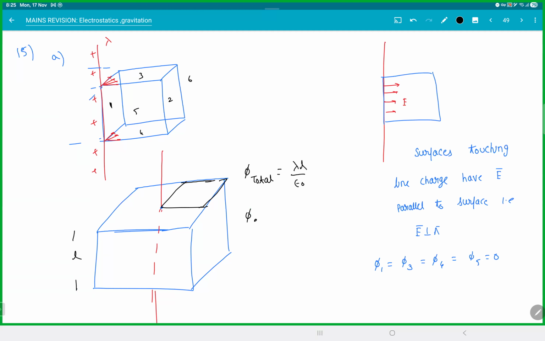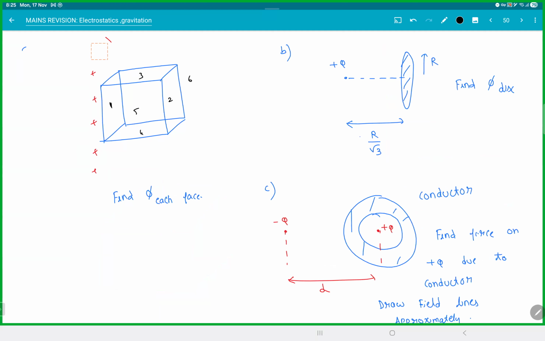Each cube will share one fourth of it, lambda L by 4 epsilon. This will be shared between 2 and 6. Flux in 2 and 6 is equal, so each will be half of that, lambda L by 8 epsilon. Clear with that? Any doubts on this? Great. What about these two?